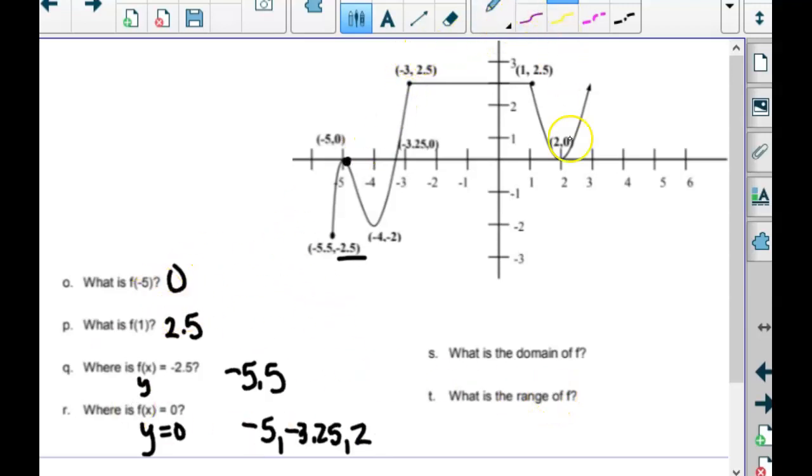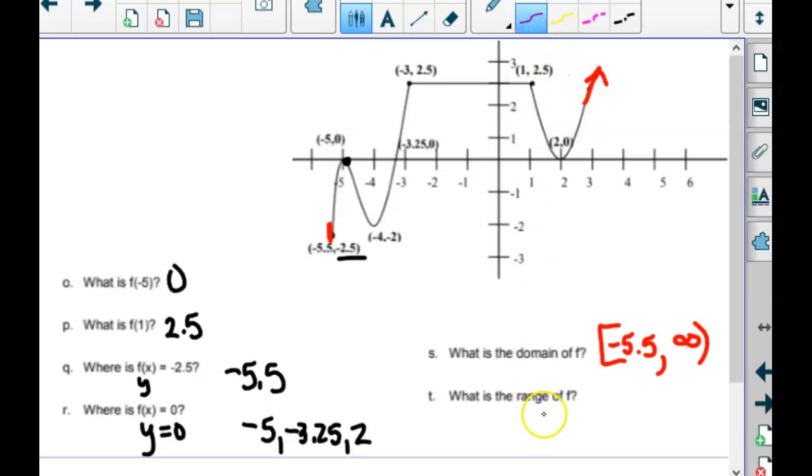Some of you need to retake that idea, but all right, what is the domain? It is not all real numbers. Furthest left this thing goes, negative 5.5 to furthest left, x value off to the right.